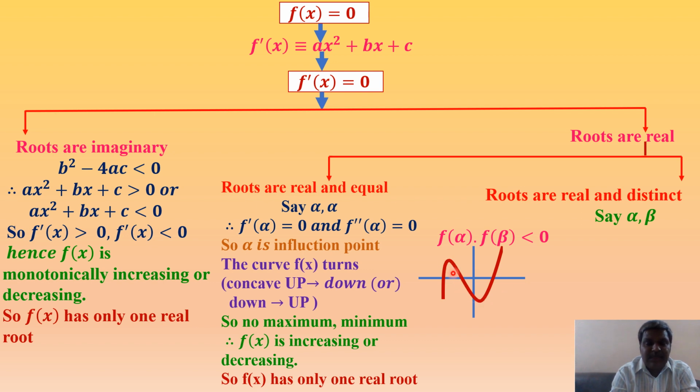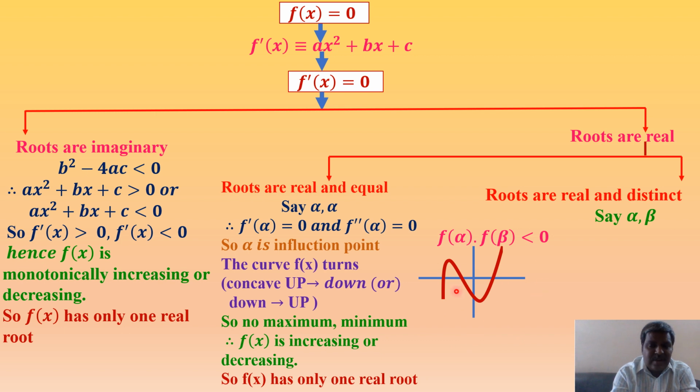So f of alpha into f of beta is less than 0. At alpha you have the local maximum, and at beta you have the local minimum, because alpha and beta are the roots of f dash x equal to 0. The case may be in this manner, or you have another model also. Your curve may be like this, in this manner also.